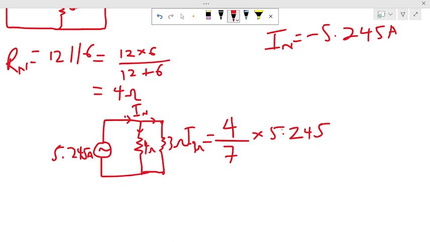So the final answer for the current through the 3 ohm is going to be 2.997 ampere, which is approximately 3 ampere.